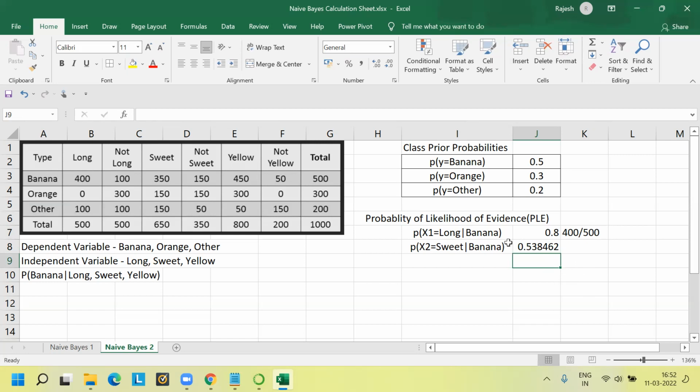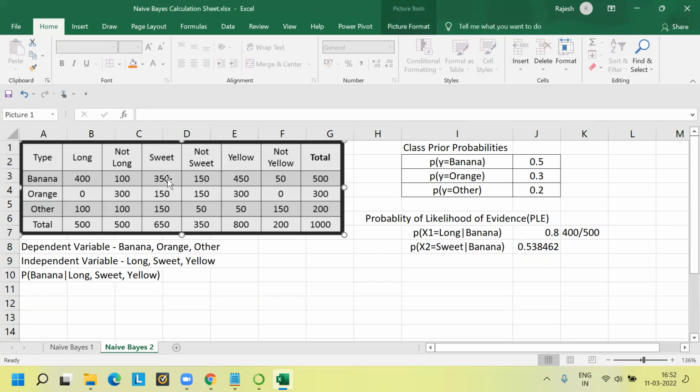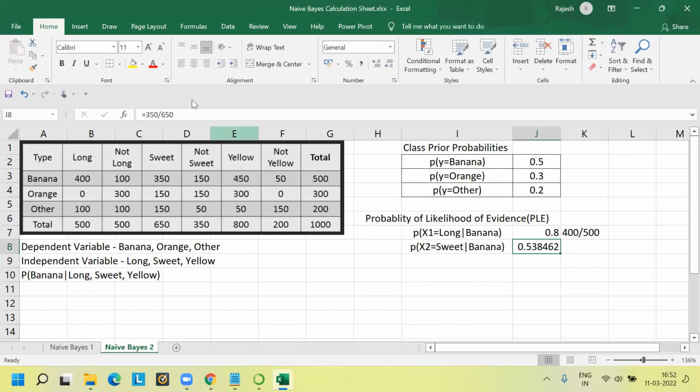No, you got a problem here. How many bananas are there in total? 500 only, right? We have only 500 bananas. So where did 650 come from? The total number of bananas is 500 only, so 350 by 500.